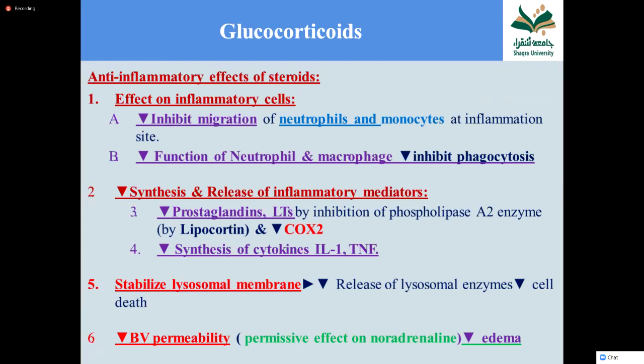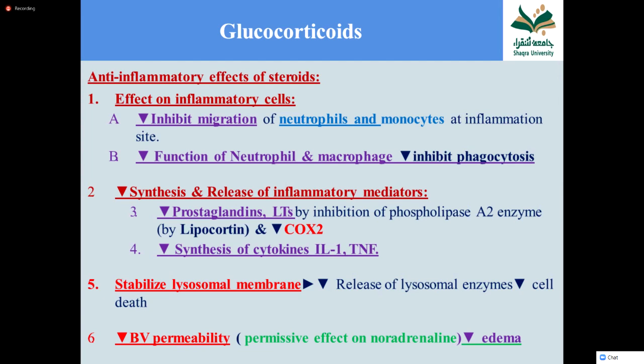If you see the anti-inflammatory effect of these glucocorticoids, it produces its effect not only by those factors which we have seen, but other things are also there. First is the effect on the inflammatory cells. It decreases migration of neutrophils and monocytes to the inflammatory site, then decreases the function of neutrophils and macrophages.